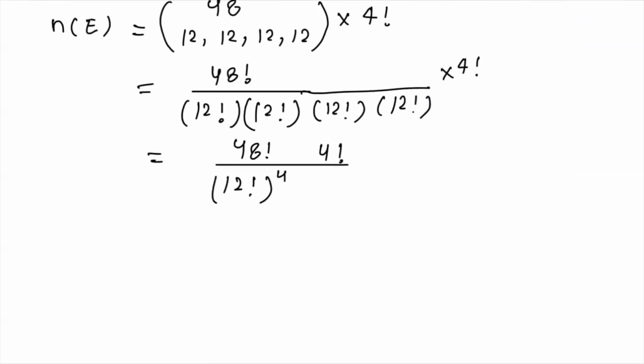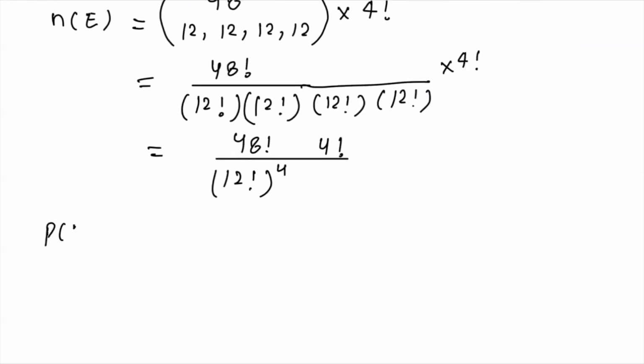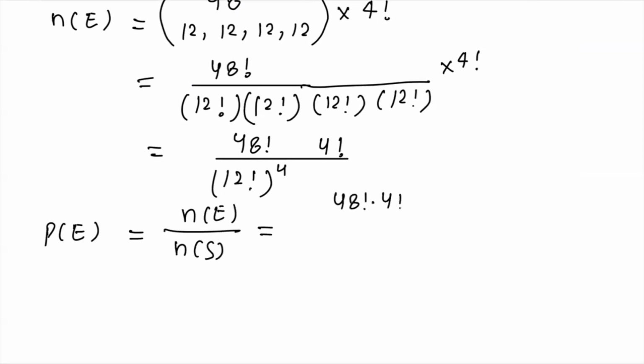Now the probability of event E, that every player must have got 1 ace, is simply n(E) divided by n(S). It is going to be 48 factorial multiplied by 4 factorial divided by 12 factorial power 4 in the numerator, and the denominator was n(S), which we have already calculated.